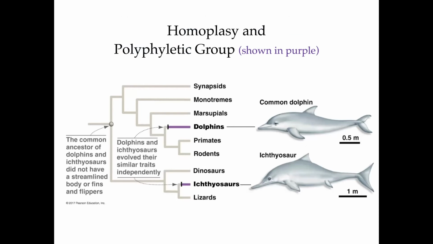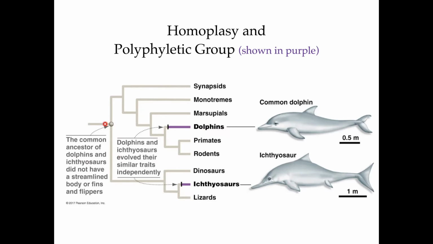So this is an ichthyosaur. It's an extinct species, and it has a streamlined body like dolphins have. So dolphins and ichthyosaurs share the same characteristic, which is this streamlined body. But the most recent common ancestor between dolphins and ichthyosaurs is back here, so it's very far.